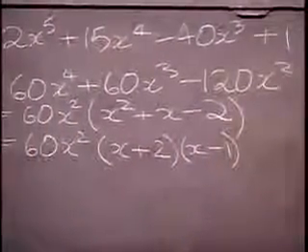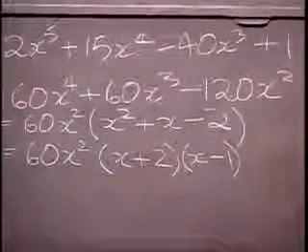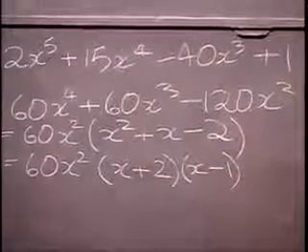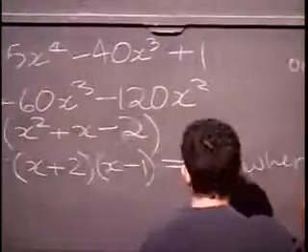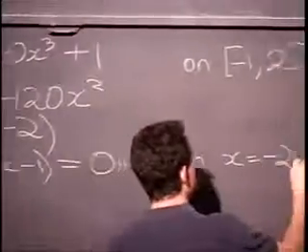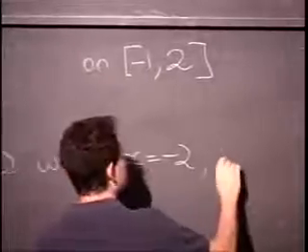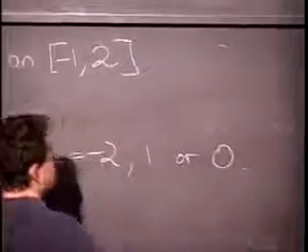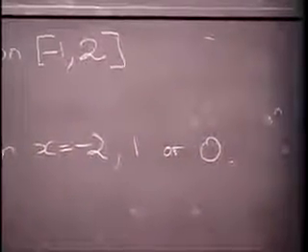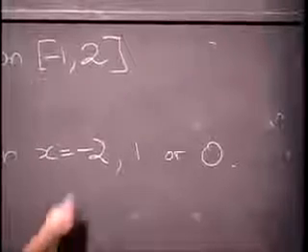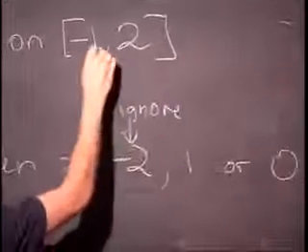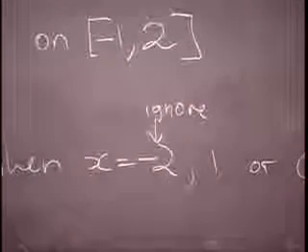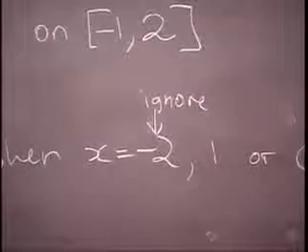So that's the complete factorization. And this is clearly equal to 0 when x equals minus 2, 1, or 0. But I'm going to ignore minus 2 because it occurs outside the domain of this function f.